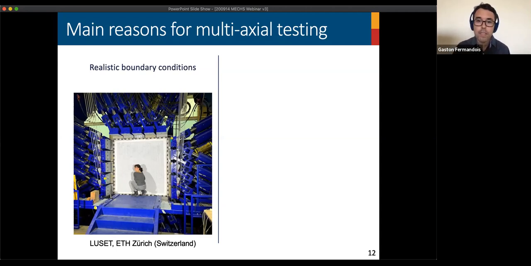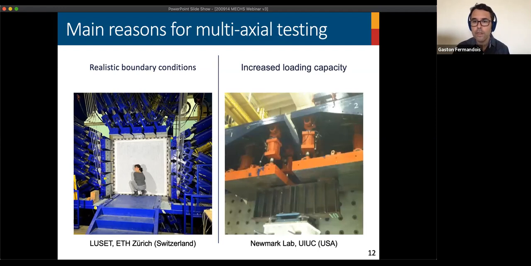element. The other main reason is we need to increase the loading capacity of our laboratory. This is a picture taken at the University of Illinois at Urbana-Champaign, where in a test where we have a very stiff element, we require dozens of actuators in order to impose the boundary conditions that we need.